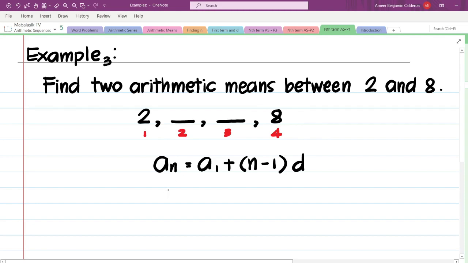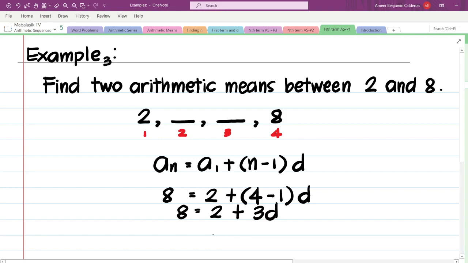So we have 8 is equal to a sub 1, that is 2, plus the quantity of n. How many terms do we have? 4 minus 1 times d. We are solving for d. So let us simplify further. 8 is equal to 2 plus 4 minus 1, 3 times d, 3d. Since we are solving for d, we should isolate this on one side of the equation.